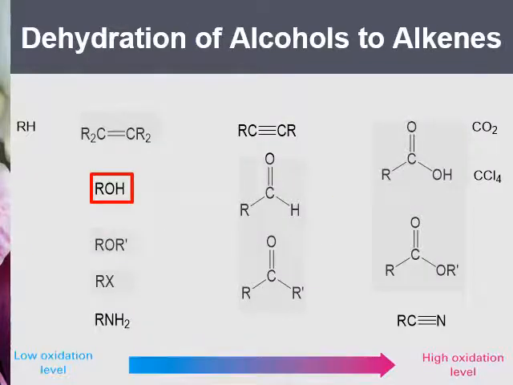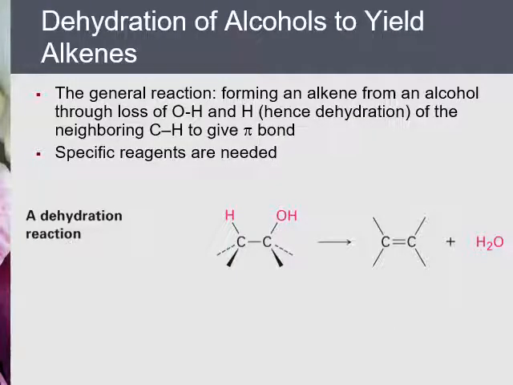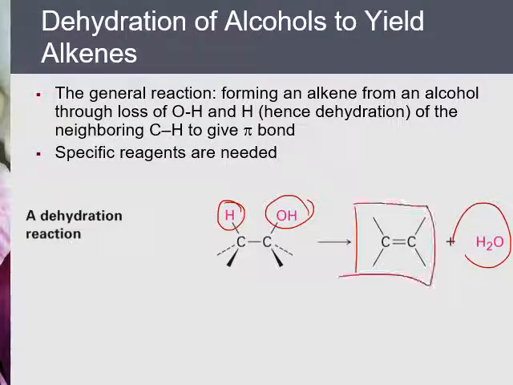The next reaction we are going to discuss involving alcohols is elimination or dehydration to form double bonds. The overall reaction of a dehydration reaction is a hydrogen atom and a hydroxy group combine to form a water molecule, and at the same time an alkene is produced.